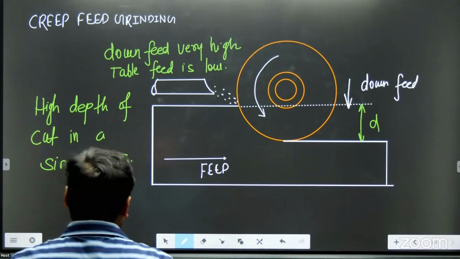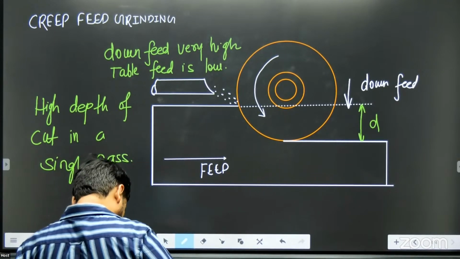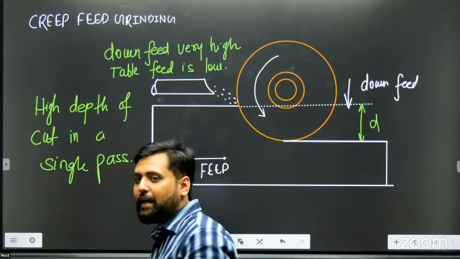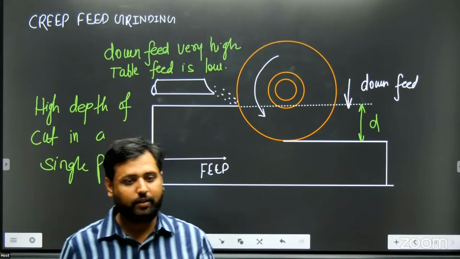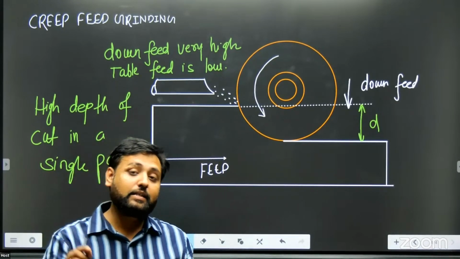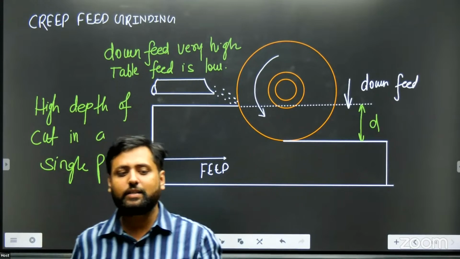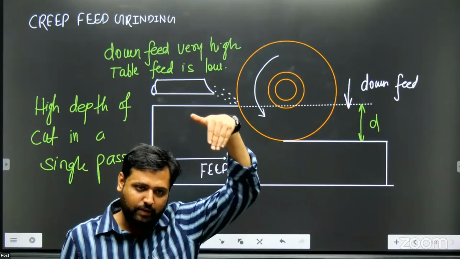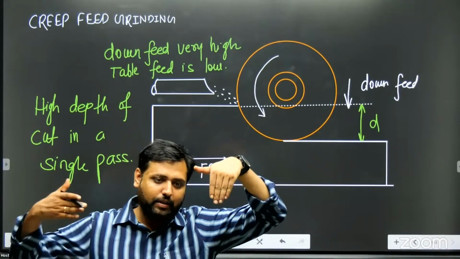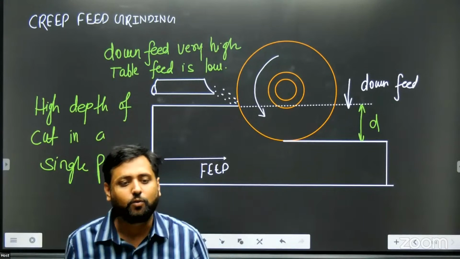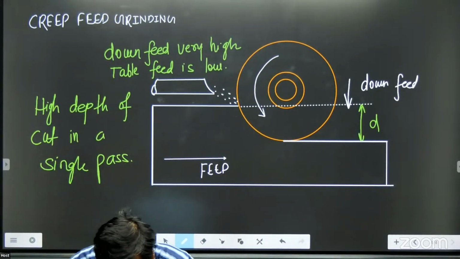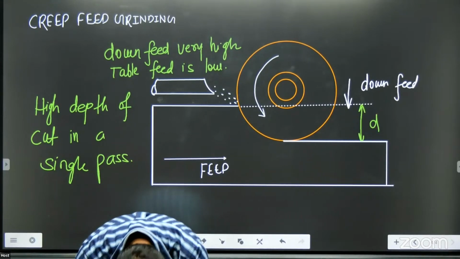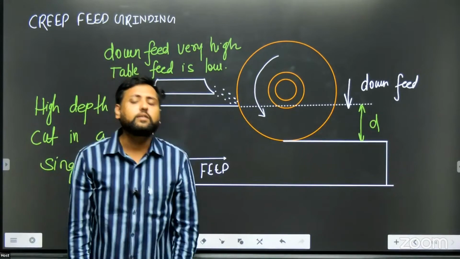Okay, so what happens there, my dear, in this operation called creep feed grinding, is there will be this large size wheel, and its grids will have open structure, and the grids will also be larger, coarser grids, and this down feed of the wheel will be very high, but the table feed will be very low. So generally grinding operation has been designed for smaller depth of cuts.